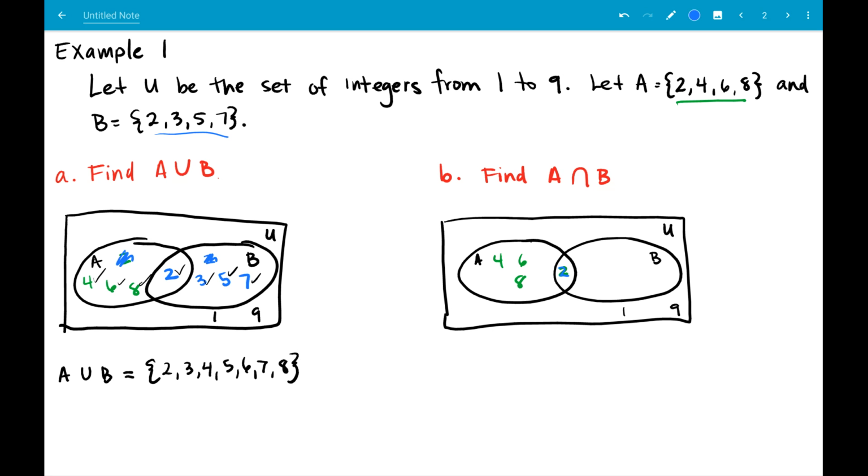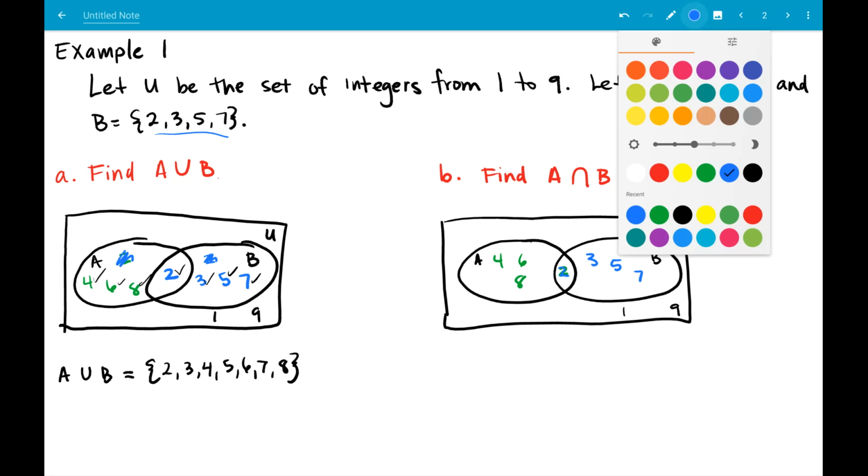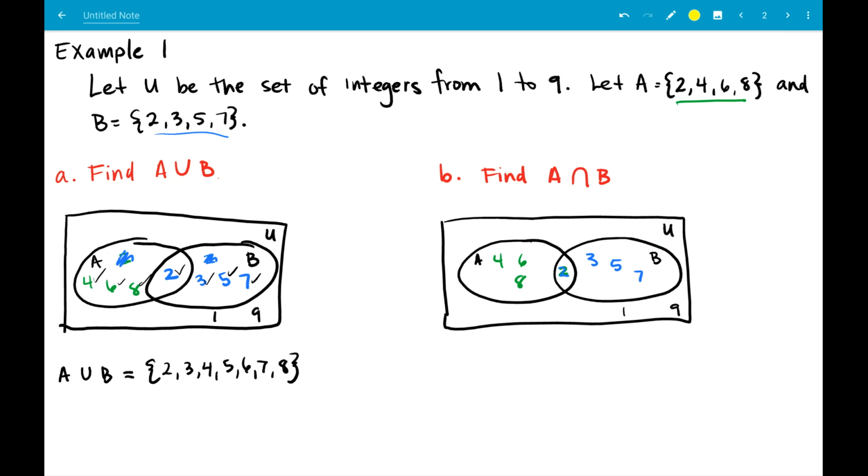There's the 2 that they share. This time I want just the intersection, just what is shared between both those sets. So when I write my answer, A intersection B is just equal to the element 2. And that's it.